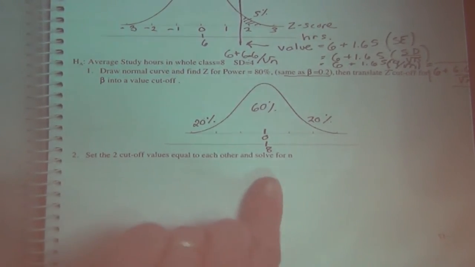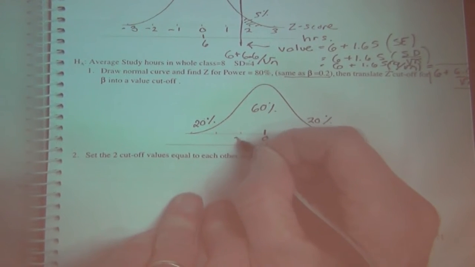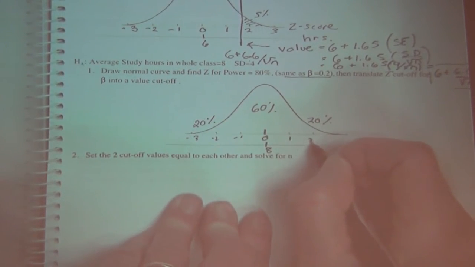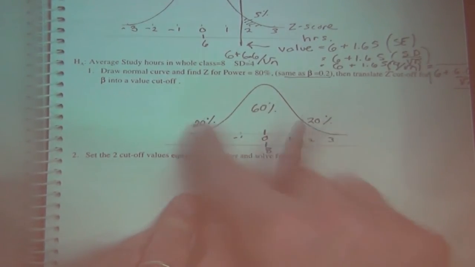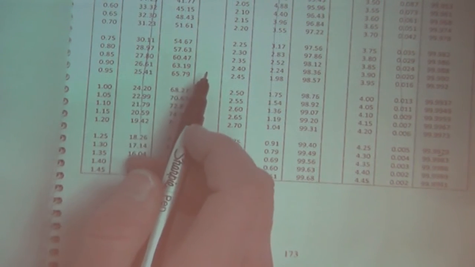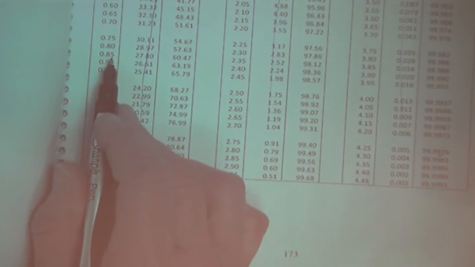All right, so where are we going to set this one? This is -1, -2, -3, 1, 2, 3. So we just want to know where that is. So we go back to the book here, we look up a middle area of 60%, and so it's about 0.85.